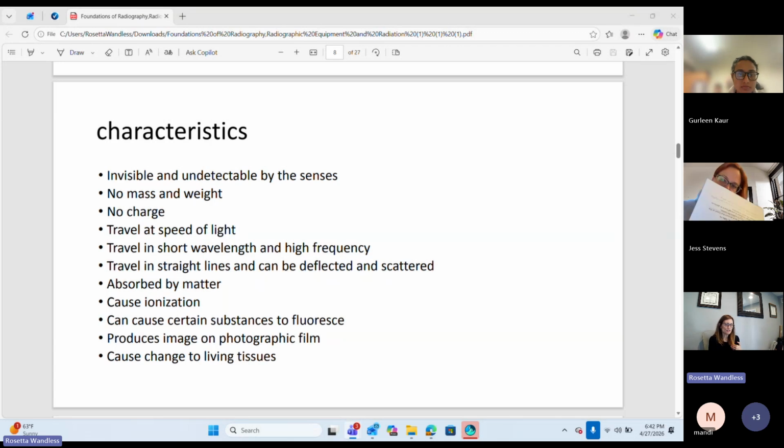Electromagnetic radiation is absorbed by matter, by our skin, by our tissues, just like sunlight, just like visible light. It causes ionization, again, gain or loss of an electron. It can cause certain substances to fluoresce, meaning that, like a neon sign, if it hits it with enough energy, it will fluoresce, it will light up.